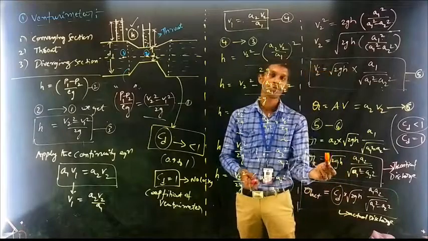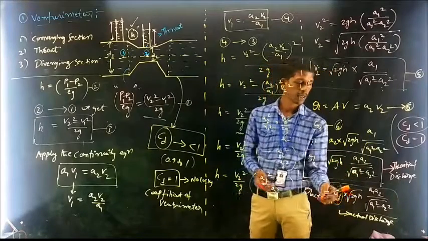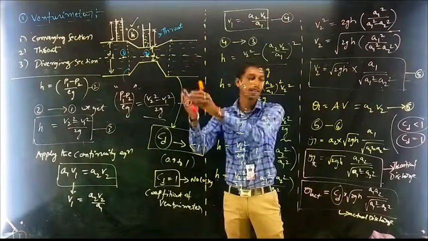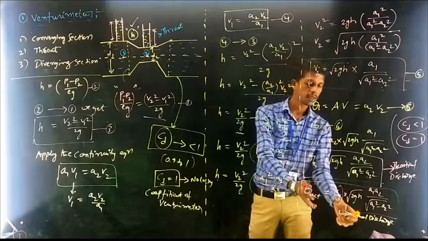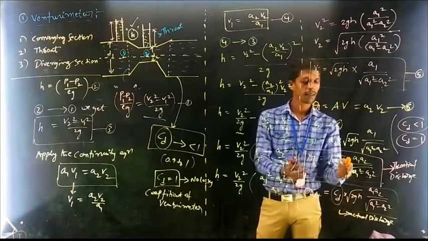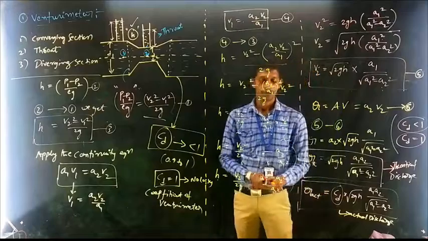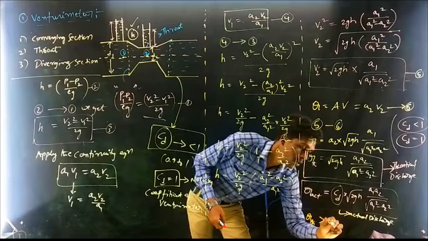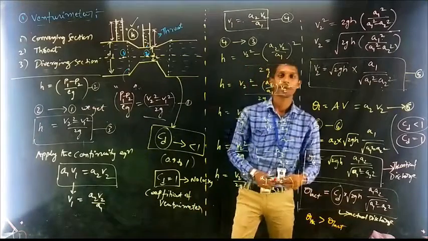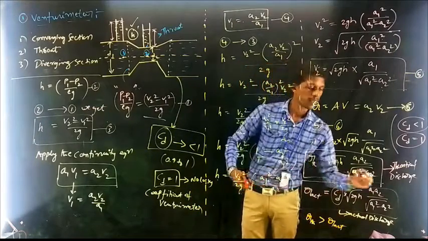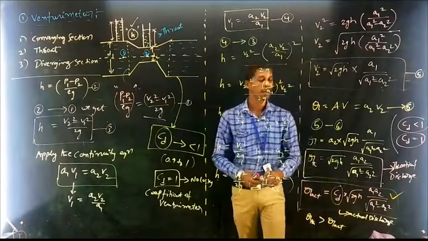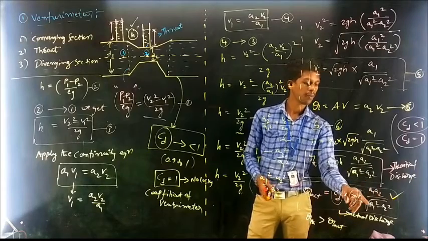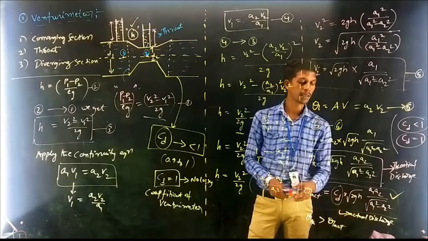So the theoretical discharge will be more for any pipe section, and the actual discharge will be less, because we have to consider the losses also. The relation is Q theoretical will be more than Q actual. Remember this one. This is the formula you have to remember: Q actual is equal to CD into root 2GH multiplied by A1 A2 by root A1 square minus A2 square.